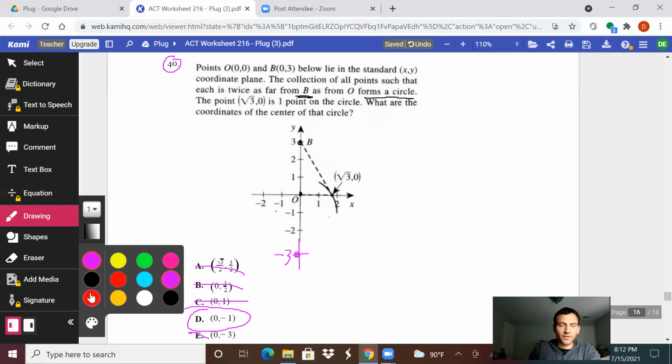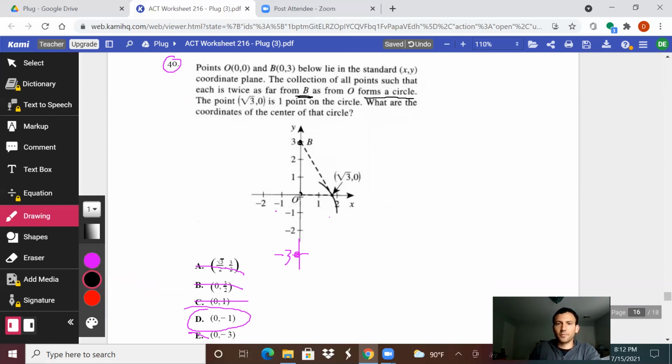But if you want to check this, if every point is twice as far from B as it is from O, then just like we have √3 here, and then this dotted line would be 2√3, you could also draw to this point, and you would have a √3 and a 2√3. So that would be another point on your circle.